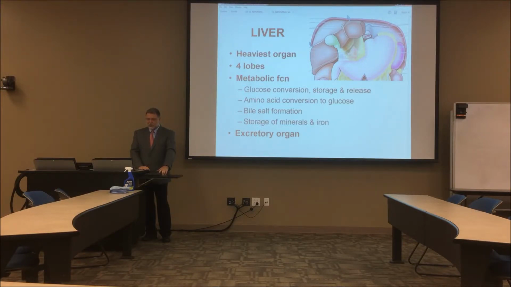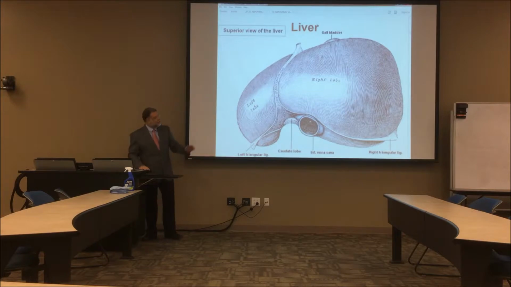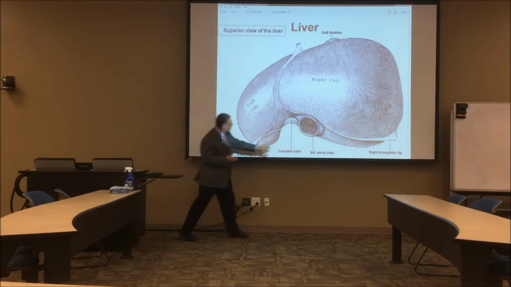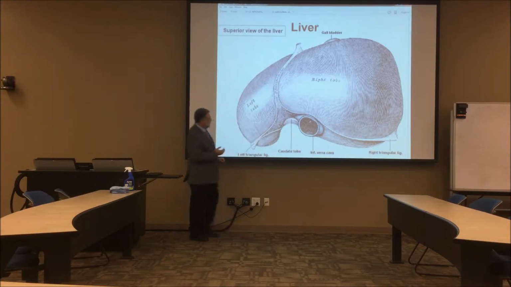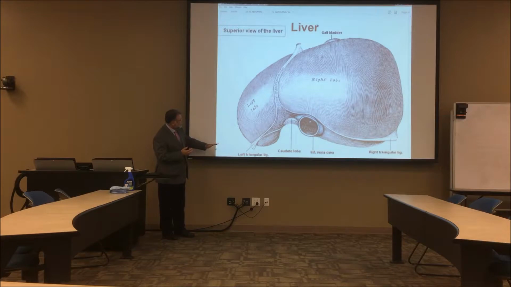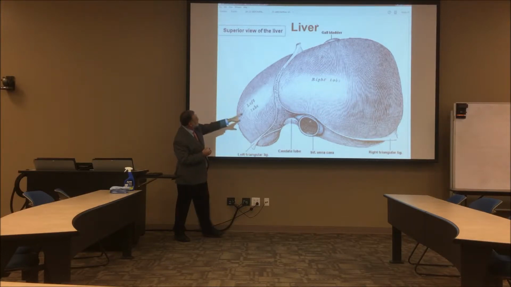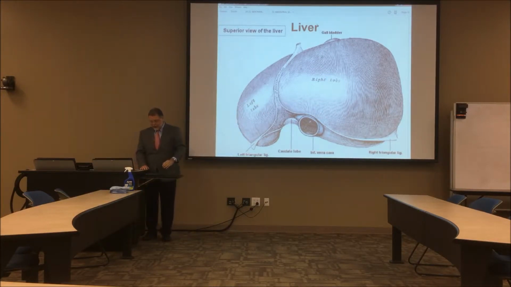It has four lobes, and typically the easiest way to understand is one left lobe and one right lobe, and there's a caudate lobe in the middle. Now, there are some other ligaments, such as the left triangular and right triangular ligaments, and one falciform ligament for the liver.